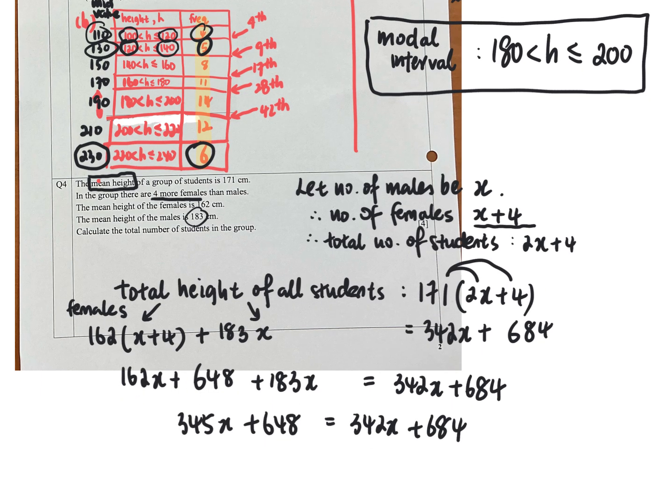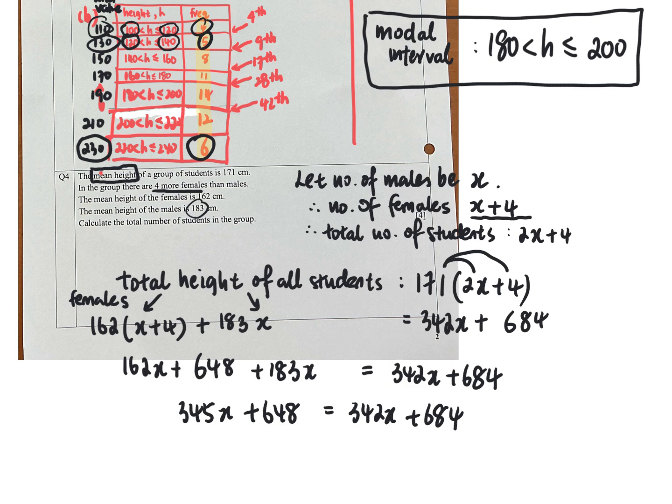Okay, so in order to simplify the problem, then of course I will minus 342x on both sides. So this thing is gone. So I'm only left with 3x. Okay, you can skip steps. I'm just being very explicit here. I can subtract the 648 on both sides.